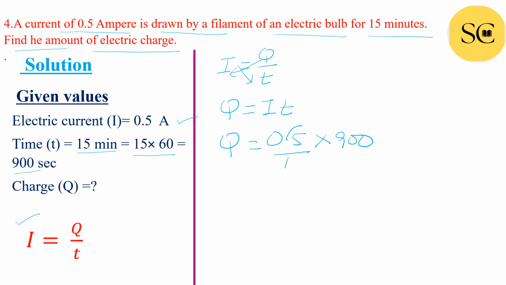Remove the decimal, 5 twos are 10, and divide 900 by 2, 450. So Q is equal to 450 and the unit of charge is coulomb. In short, we can write C. So this is a very simple question.